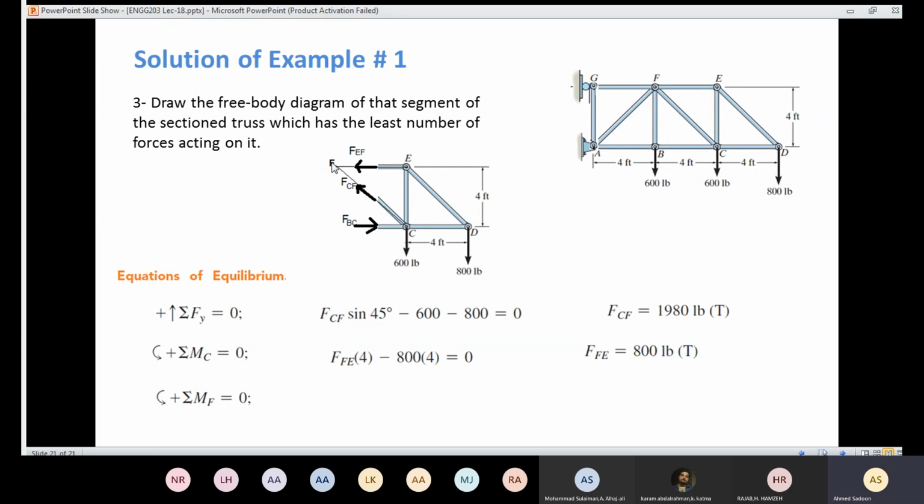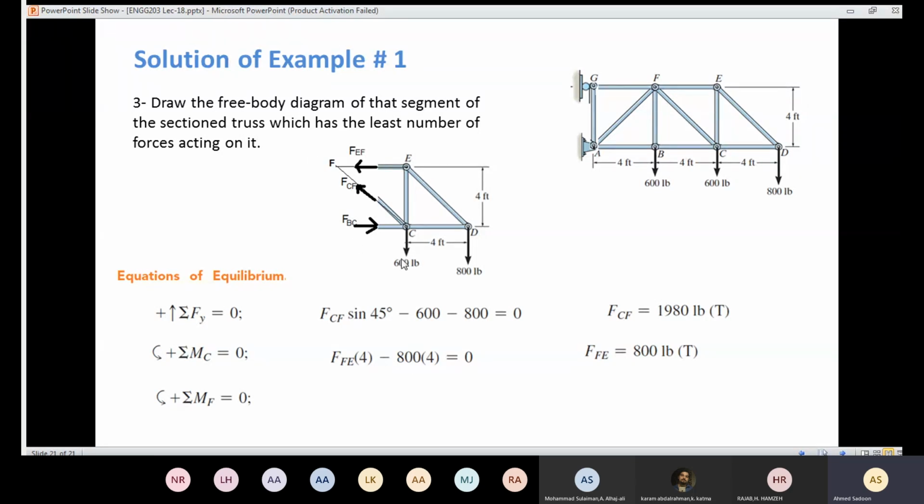Again, finally, I can take the moment about the point F here. If I'm going to take the moment about the point F, I'm going to eliminate this one, this one. I'm going to have this one, and that one. Regarding the FBC, if I'm going to draw the line of action, then here the shortest distance is 4. So this one's going to be multiplied by 4, and it's going to be positive because it's going to cause a counterclockwise moment.